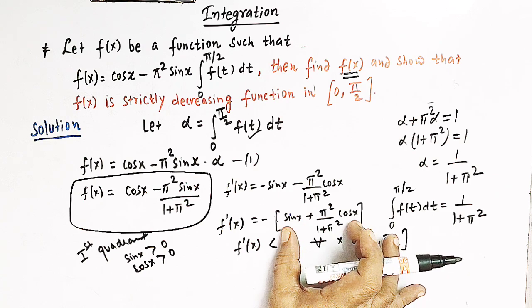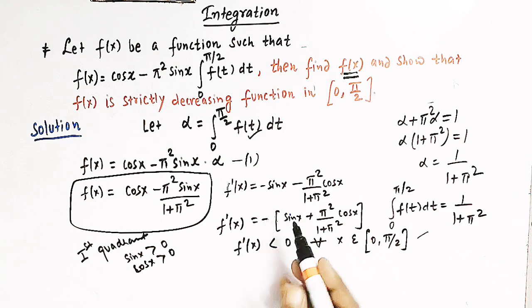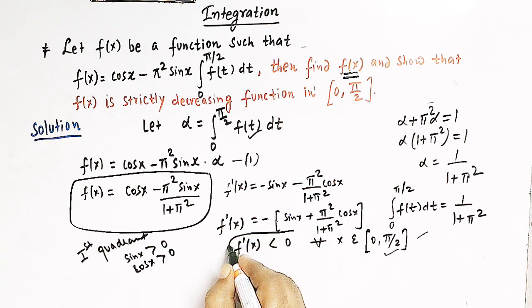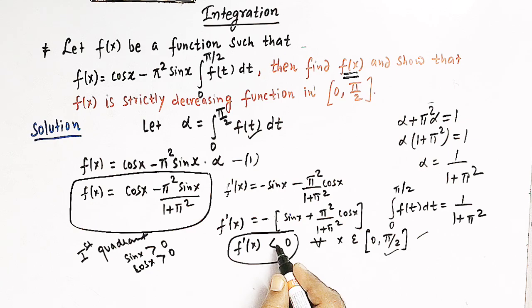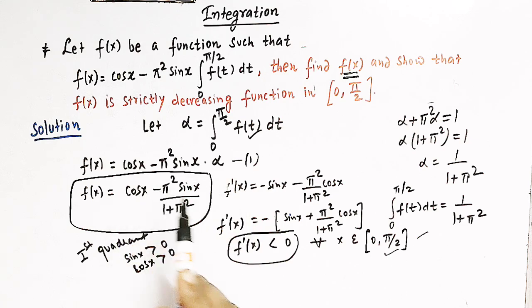So this term is going to be always positive in this interval, and here we have the negative sign. So f prime of x is always less than 0 for all values of x belonging to this interval, and this is the condition for a function to be strictly decreasing. So if the slope of the tangent is negative, then the function is said to be a decreasing function. So this is how we can prove that the function f of x is strictly decreasing in this interval, because the derivative is negative, that is, less than 0.